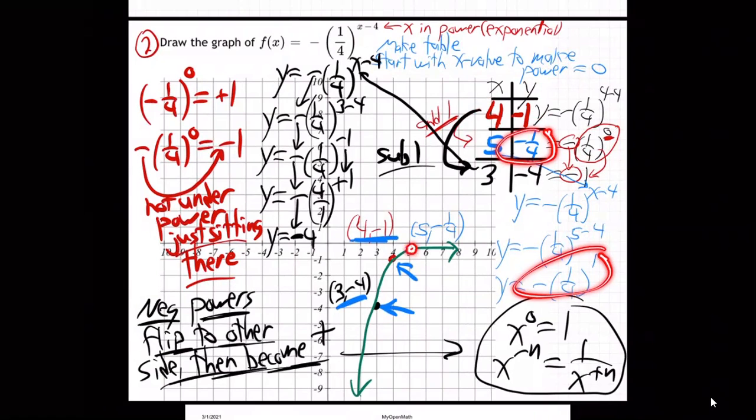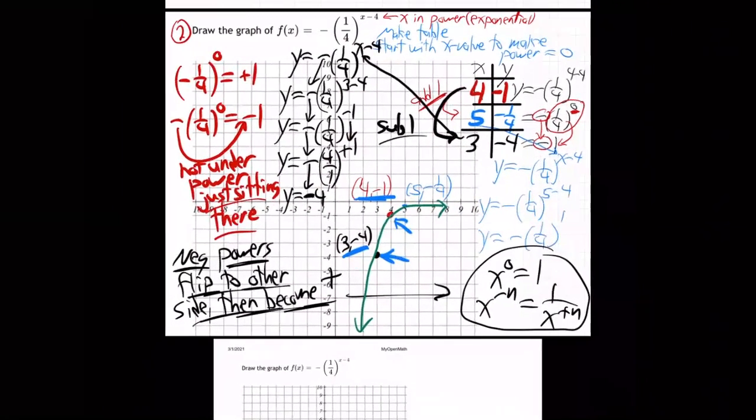It probably won't let you graph it on the graphing tool on the homework problem. So instead, I said, well, instead of adding 1, let's subtract 1 from the original 4. It's all based on the original 4, which made the power 0. I tried adding 1 to 5. Now subtract 1 to 3. Plug that in right here. Got -1 power. That flips the fraction, then becomes positive. The negative in the front just sits there, -4. So 3, -4. There it is. There's our exponential graph.